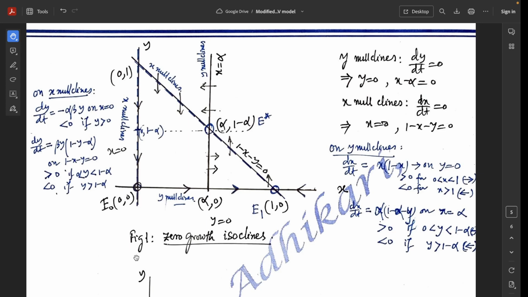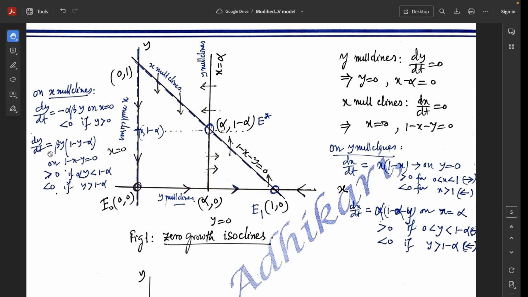So for this portion below, when y is less than 0, we put an upwards arrow. And dy/dt equals beta y (1 minus y minus alpha) on the line 1 minus x minus y.